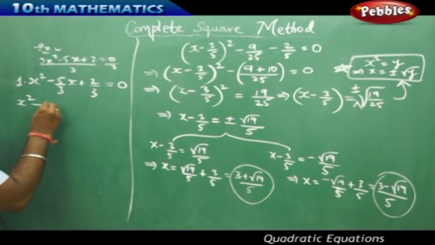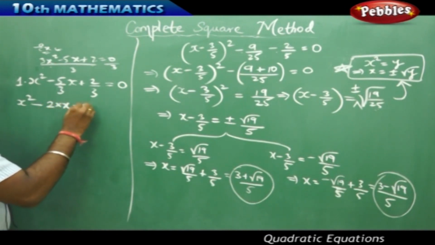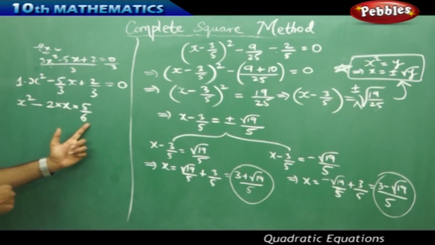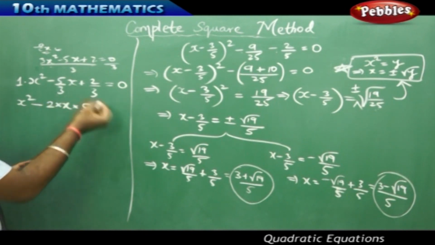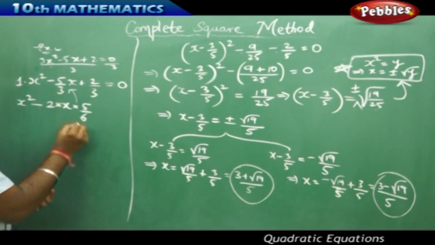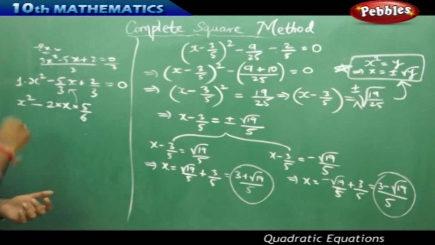In this case, I write it in the form 2ab. I write it as 5 over 6 with a 2, because I multiply with 2 and divide with 2, so that this becomes strictly in the form of the formula a squared minus 2ab. Whereas this, on simplification, gives back the original term 5 over 3 of x, cancelling the 2s and the 3s.